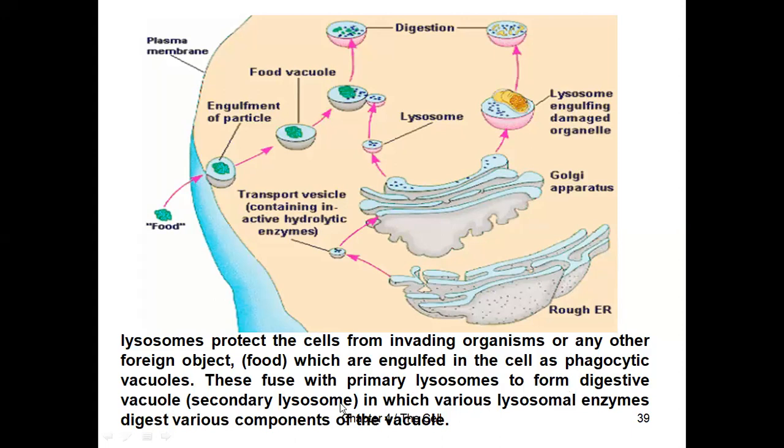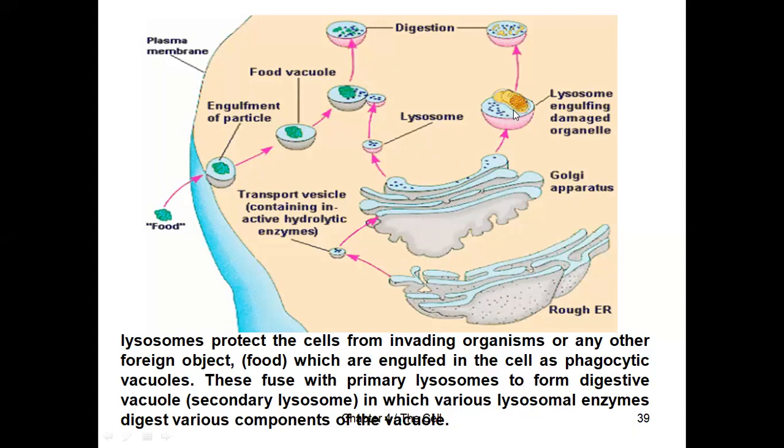Now the secondary lysosome, in which various enzymes digest the components of the vacuole. Look here: from the rough endoplasmic reticulum towards the forming phase, and from the forming phase, the primary lysosome is produced. The primary lysosome unites with the piece of food that has come in, and then digests that piece of food.